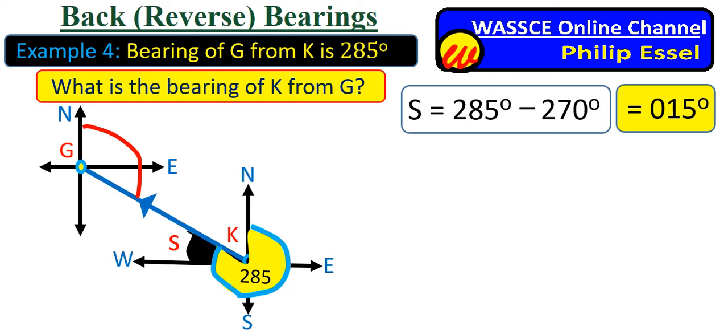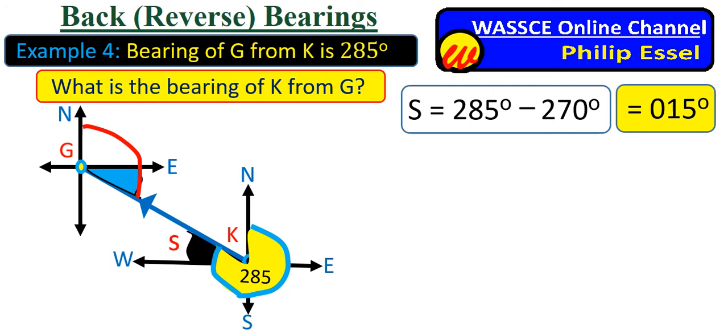At this point, can we use the value of S to find the angle marked blue? What do you think? Well, the blue angle and the angle S are alternate angles, so they are equal.